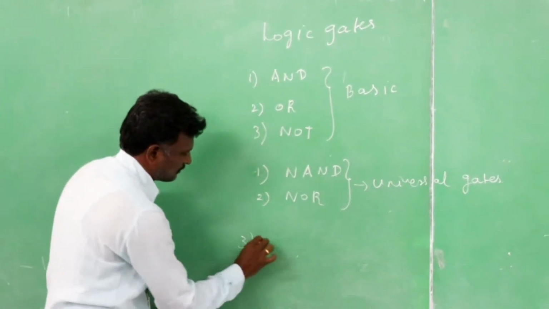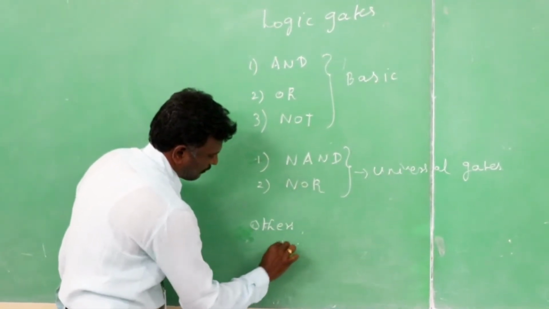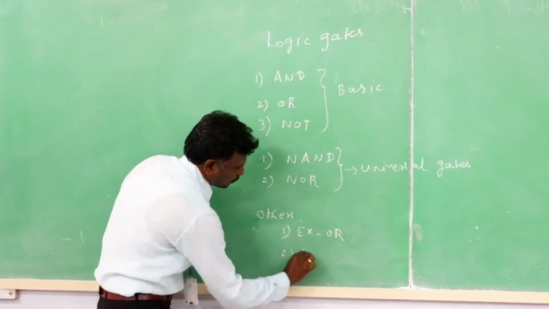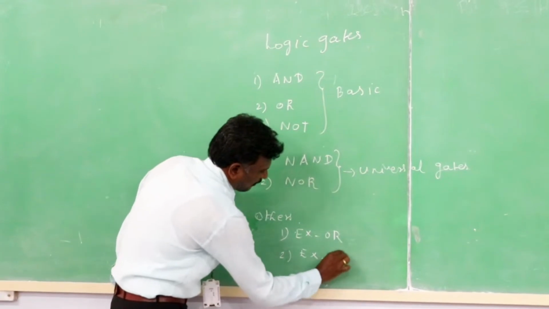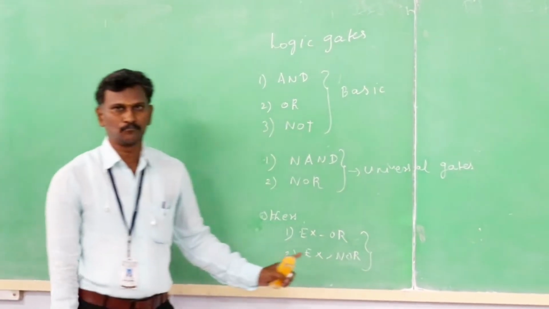Third one, others: XOR gate and exclusive NOR gate. These two gates are called other gates.